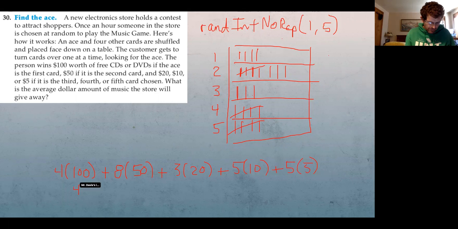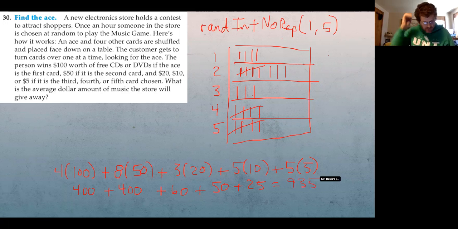So that's 400. That's 400. That's 60. That's 50. And that's 25. So add that all up, 800 to 910, 935. $935 was given out. And now I want to figure out how many trials did we have? Well, there were 4 times here, and then 8.